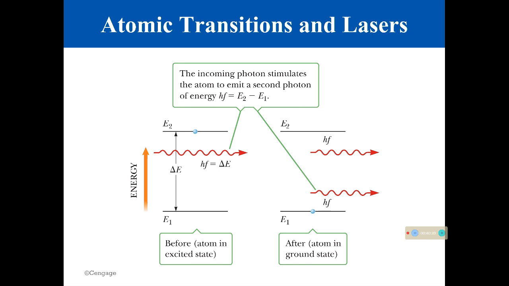Suppose an electron is in the excited state of E2, like you see in the first picture, and a photon with an energy of hf is incident on it. So, starting from the beginning, here's an electron in the lowest energy state.